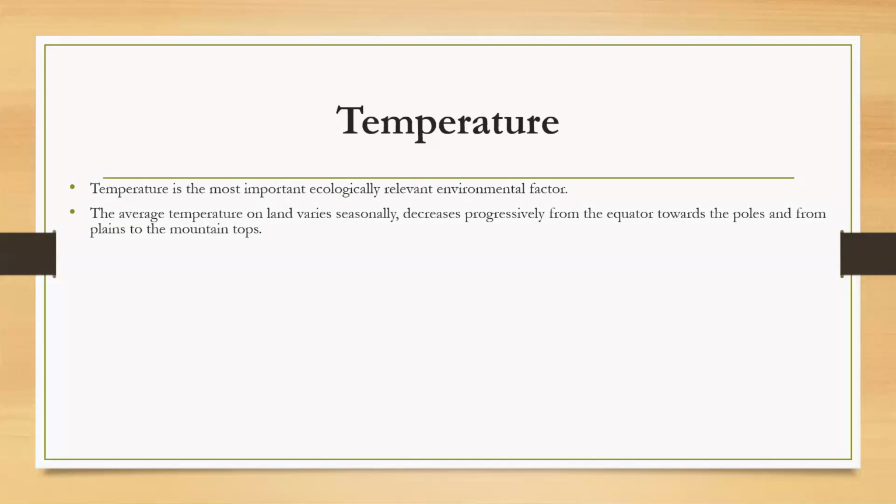At the same time, the temperature is average in the plains. But if you climb the mountain, if you move towards the top of the hill, the temperature decreases. So there is a great diversity and variation in the temperature on our surface. And it ranges from sub-zero levels in polar areas and at high altitudes to more than 50 degrees Celsius in tropical deserts in summer.